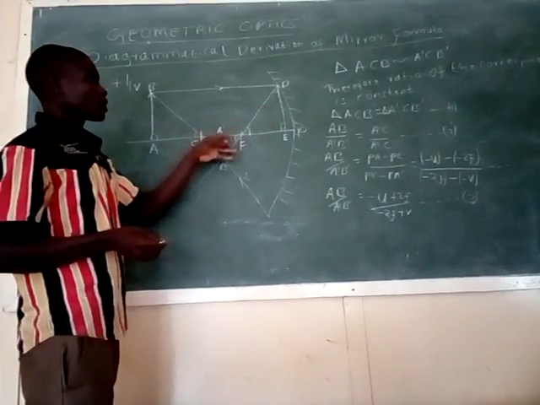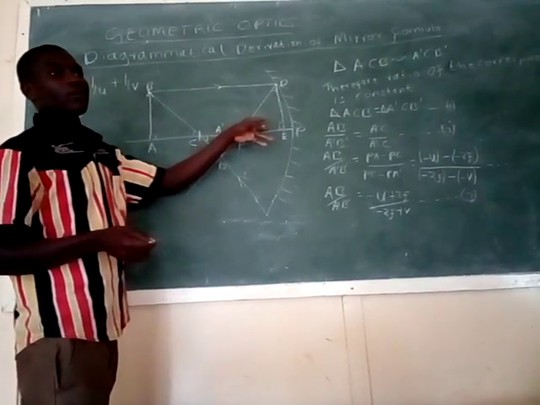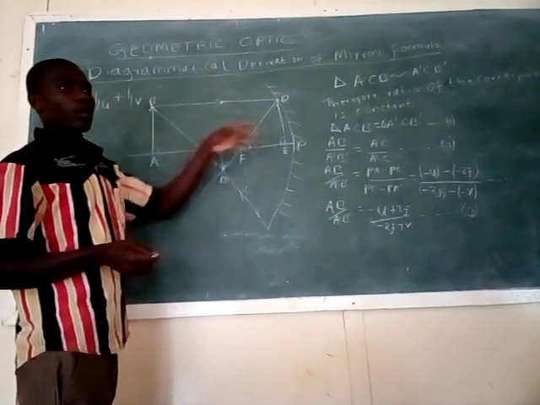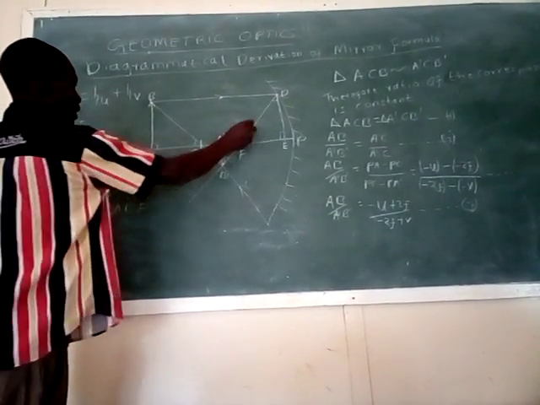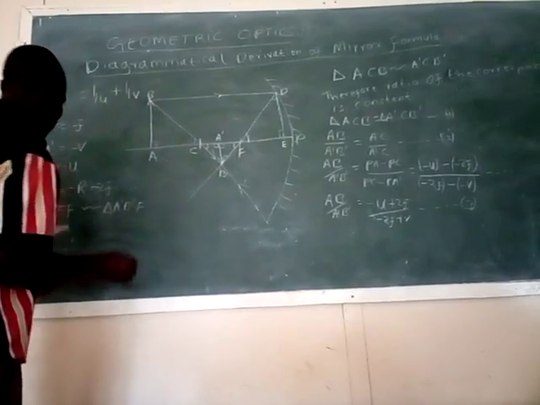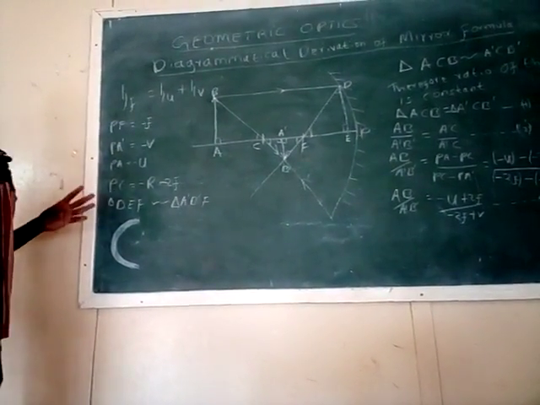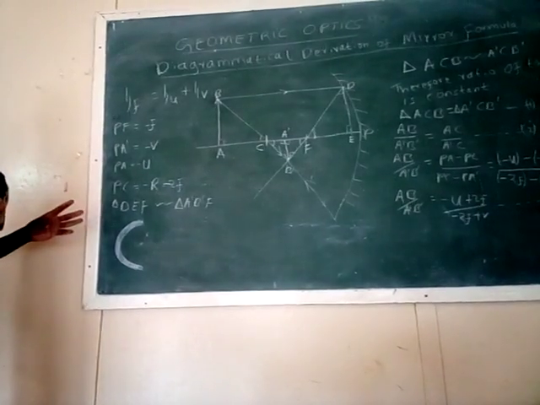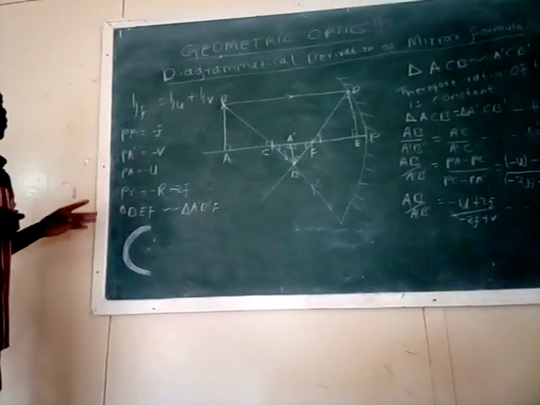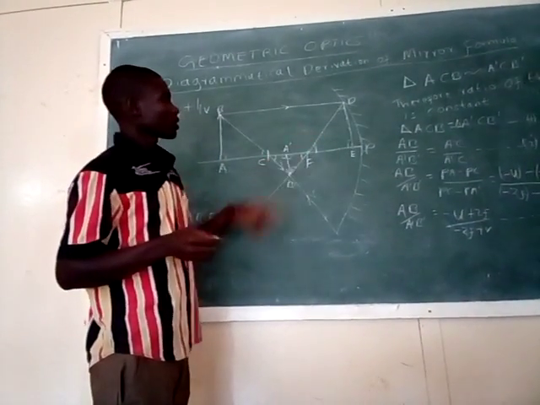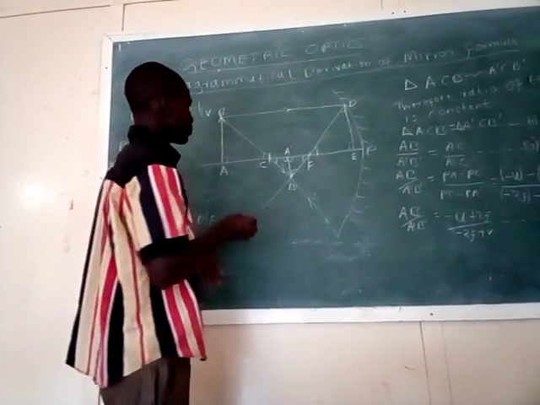Therefore, these two triangles are similar. And they are not only similar, they are also equal. Since they are similar, the ratio of the corresponding sides is constant. So the ratio of the corresponding sides of the two triangles is constant.